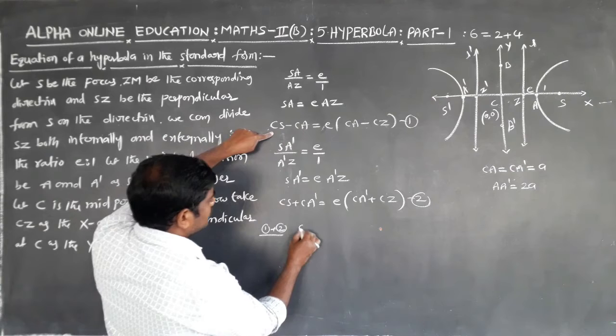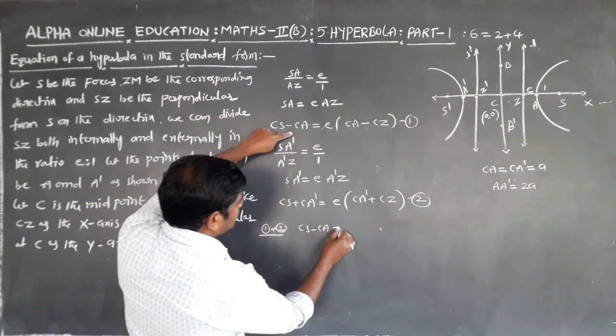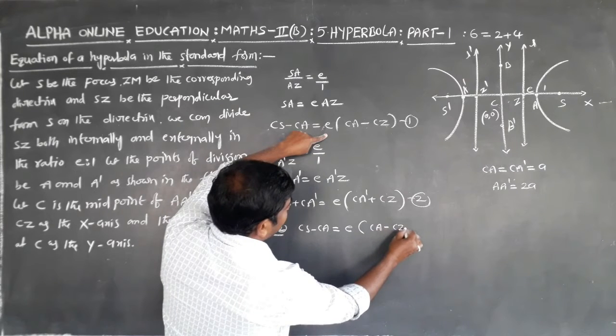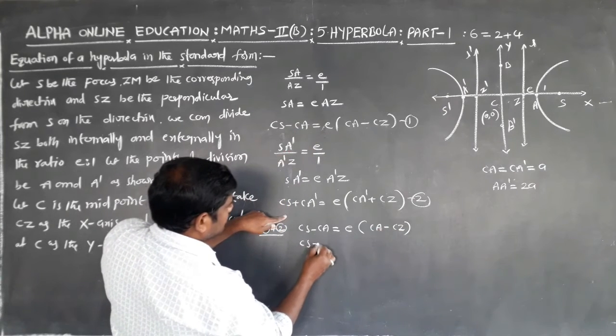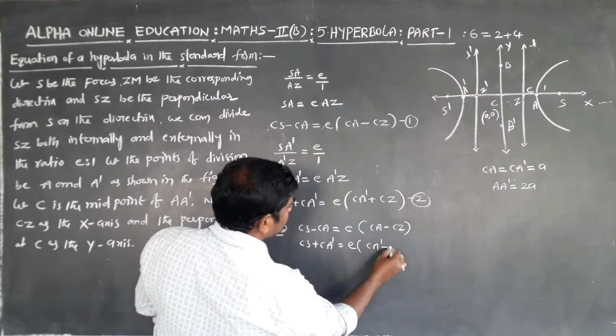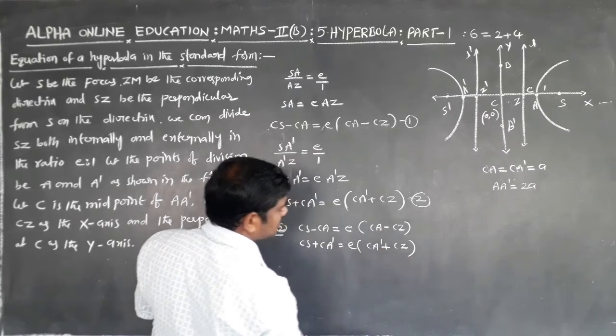First one: CS minus CA is equal to e into CA minus CZ. Second one: CS plus CA dash equal to e into CA dash plus CZ.